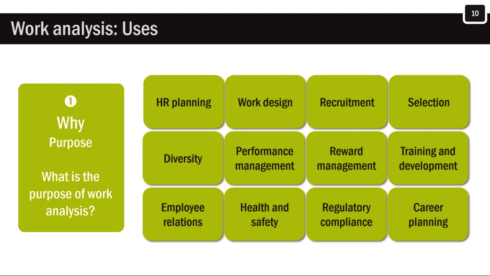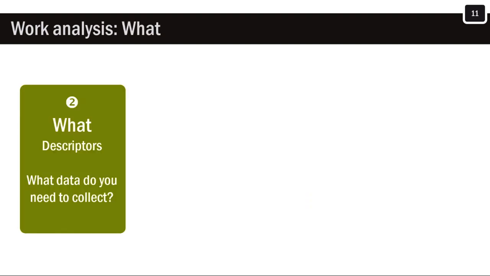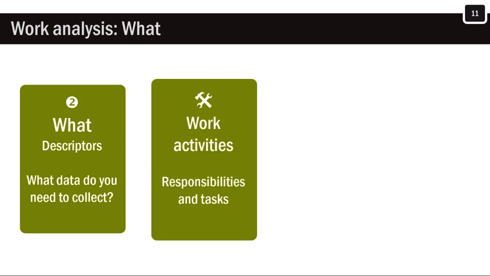But what exactly do you need to know about a job? What you need to know is what activities the work entails, what are the broader responsibilities, and what are the specific tasks that comprise the work role.